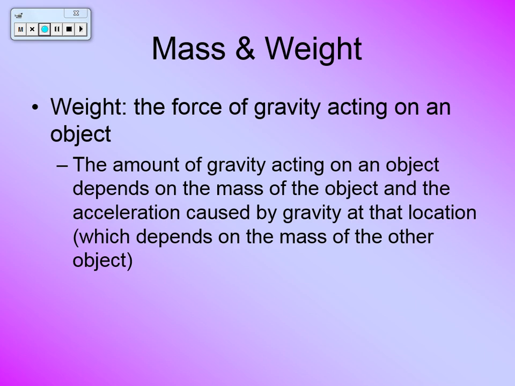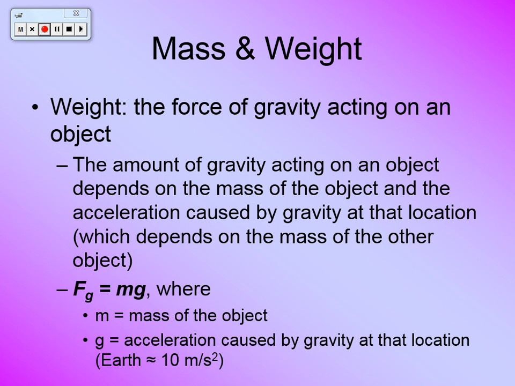Okay. Weight depends on the mass of the object and the acceleration caused by gravity there. That's a lot of stuff. But when we calculate the weight of something, we multiply that object's mass by g. We said little g represents what?